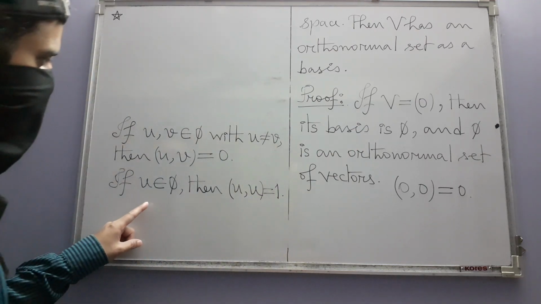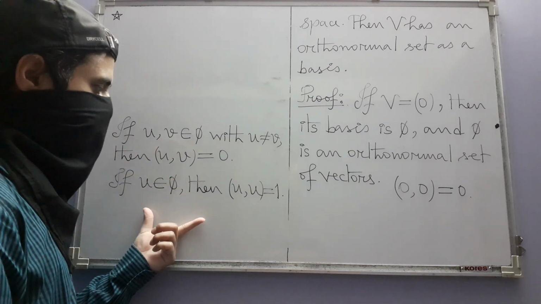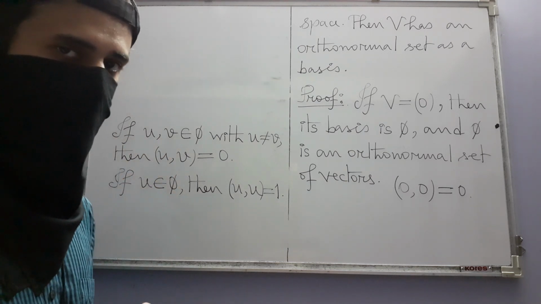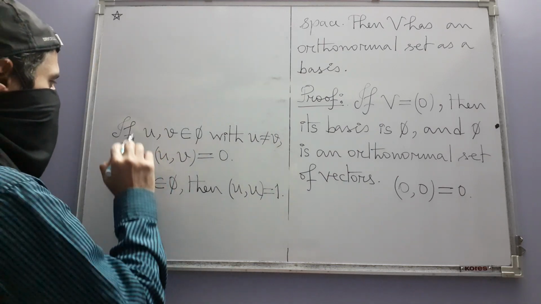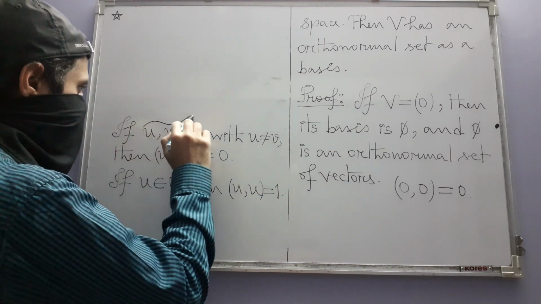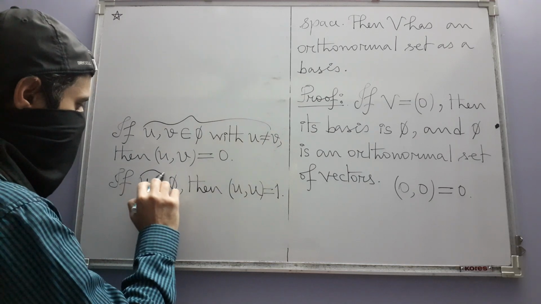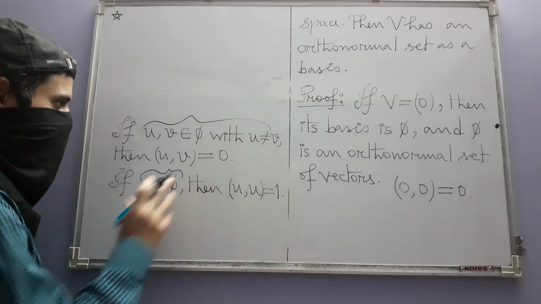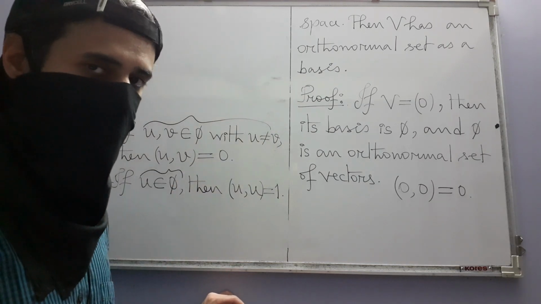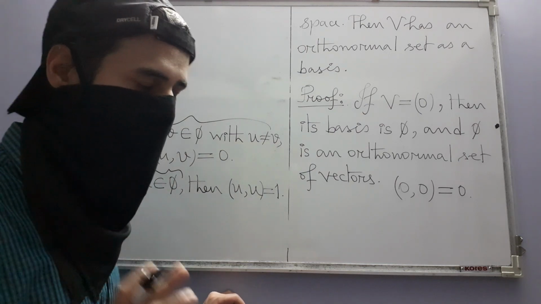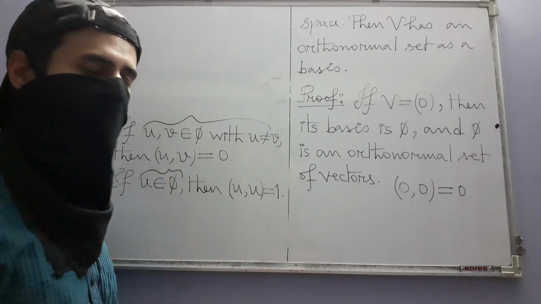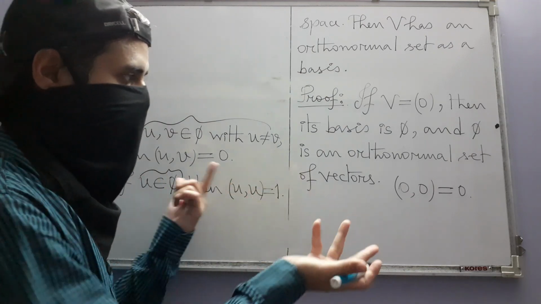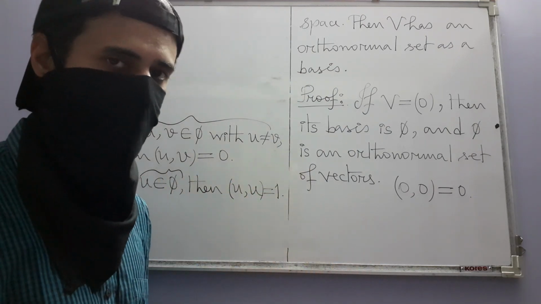Now note carefully that both of these statements are actually implications, which are vacuously true, because the hypothesis of the implications in both the cases are false. So the implications are vacuously true, but true nonetheless. That is why the empty set is in fact an orthonormal set of vectors. So in this case, we have what we want.